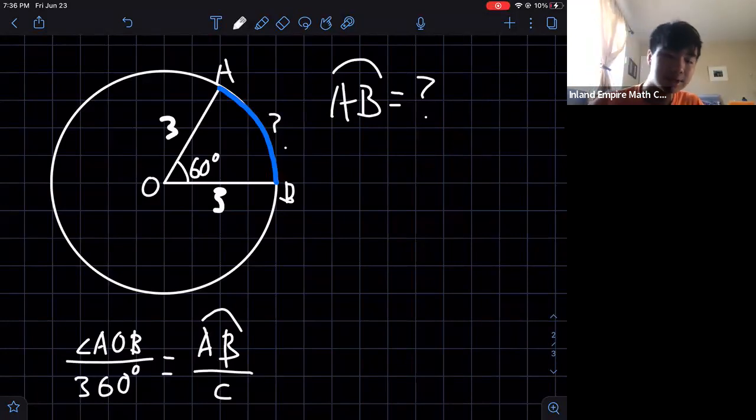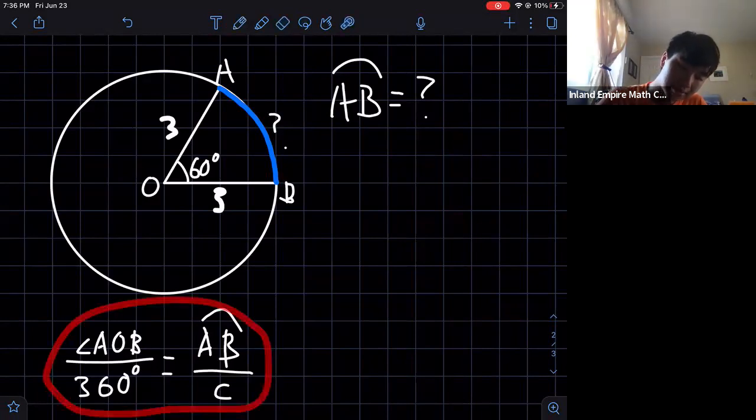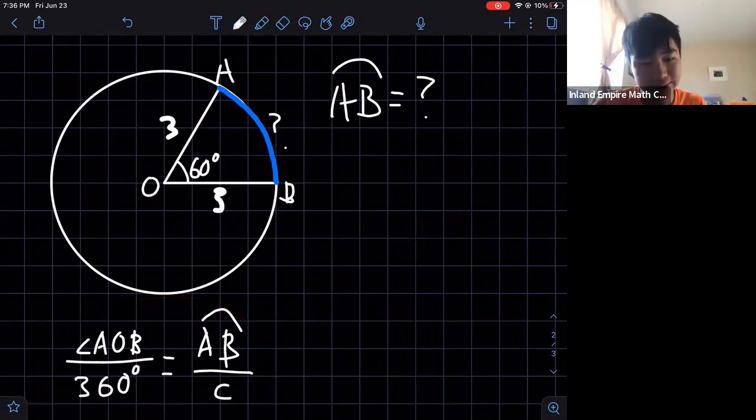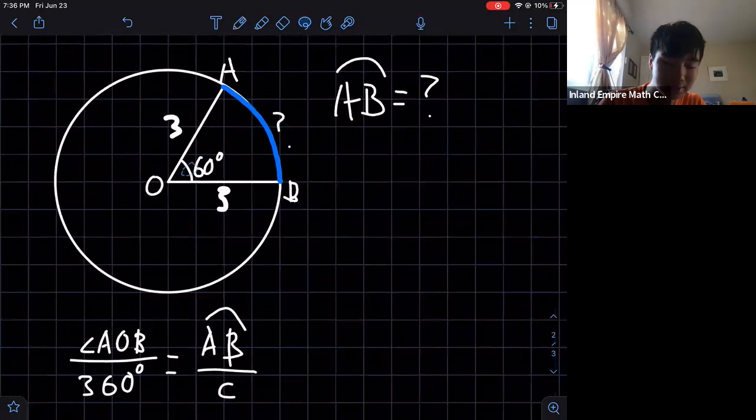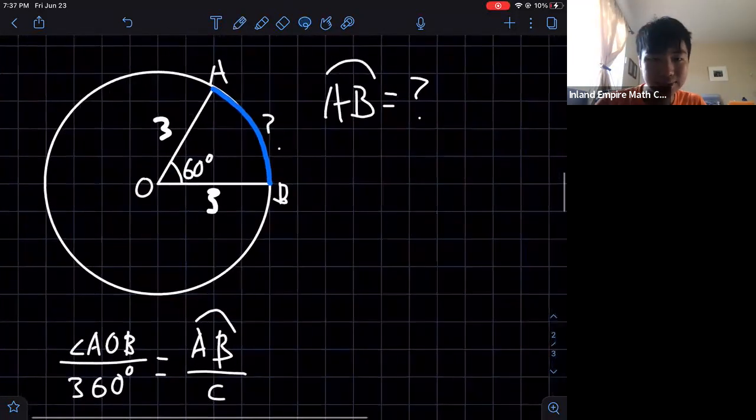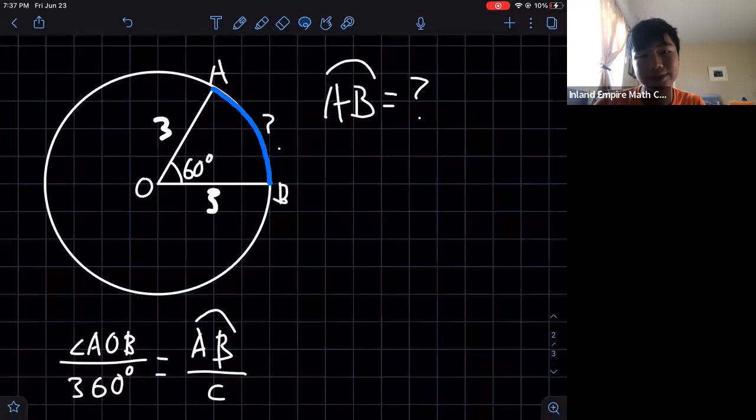Okay, so basically the way we figure this out is simply using this idea right here. In case you didn't understand where this idea comes from, we can think about it as, you see how this angle is determined by this circle right here? A circle is just a representation of an angle.